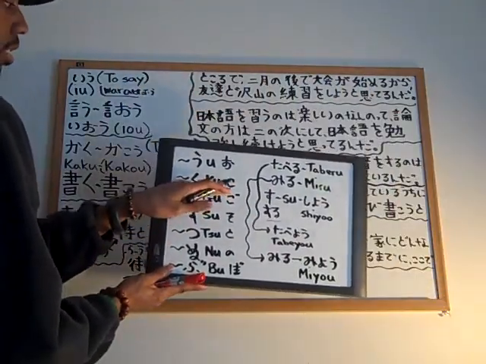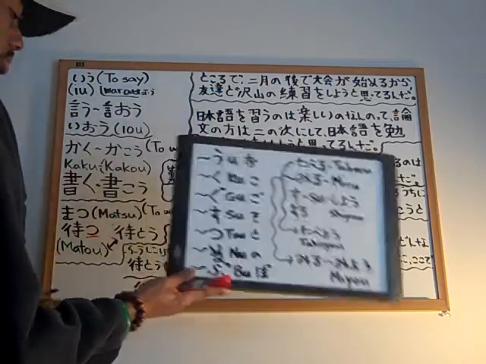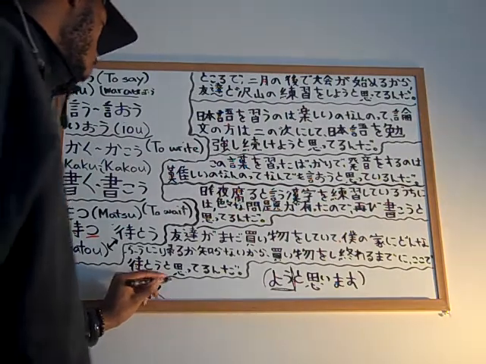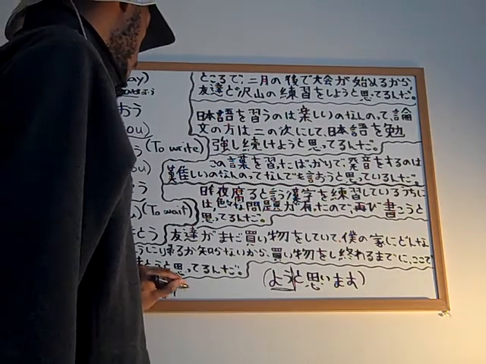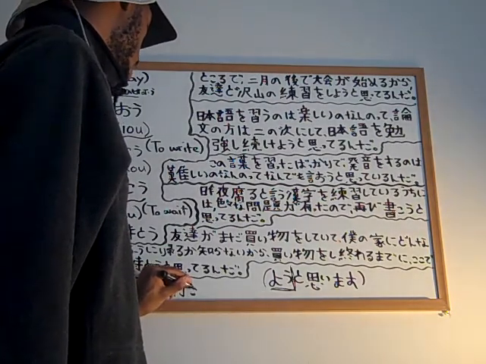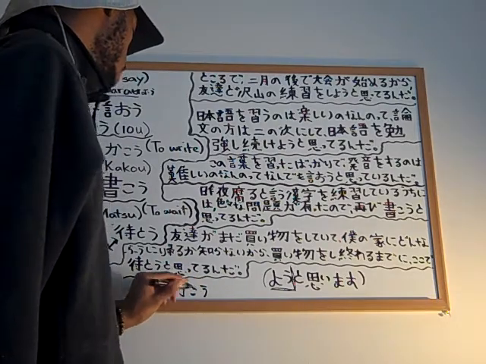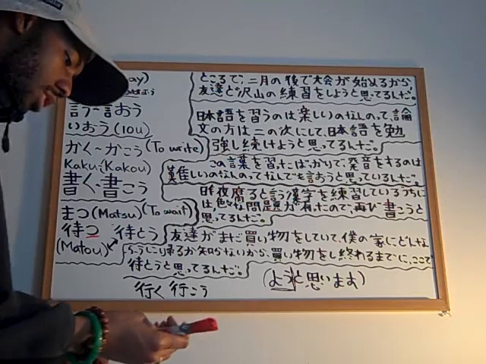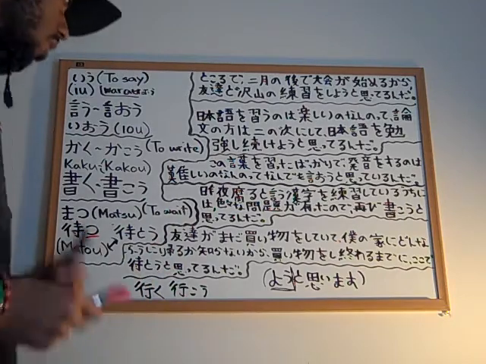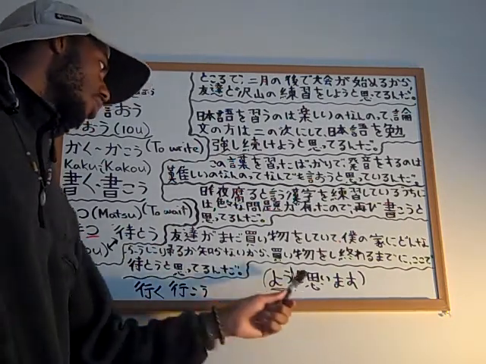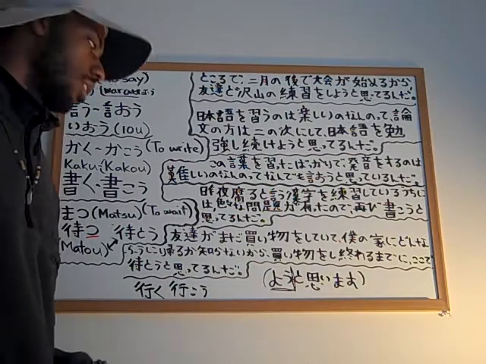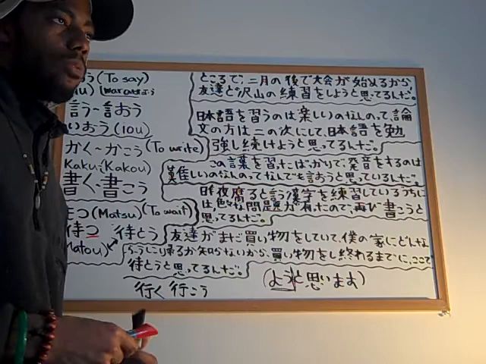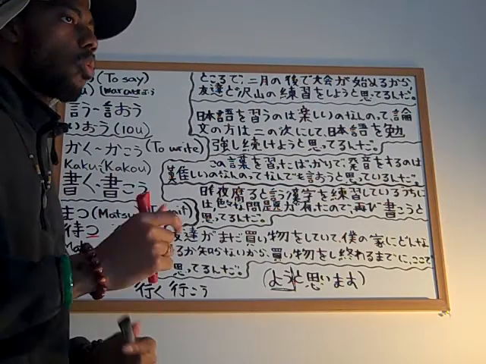So it's going to be iko, and then of course you have to add the u. Iko. So if you don't add the tomoimasu after that, it has another meaning. If I say iko, that means let's go. And I think that's informal too.